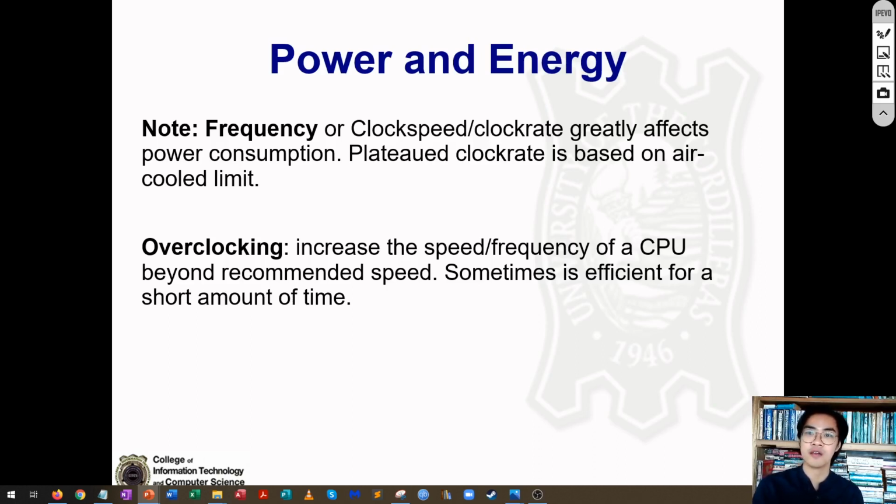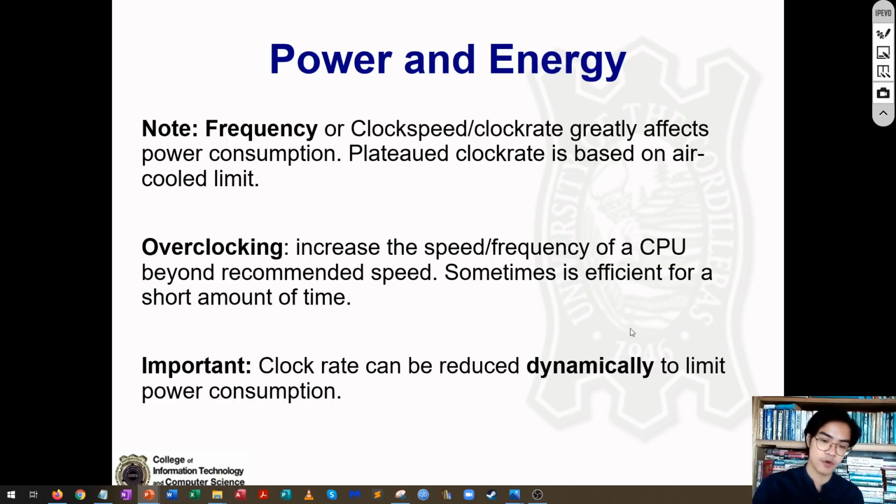So beyond the recommended hertz, the frequency. Sometimes it's efficient for a short amount of time because there's a huge burst in performance, an increase in performance. But it's not sustainable to be overclocked for long periods of time because you run the risk of harming your CPUs or your hardware. Okay.